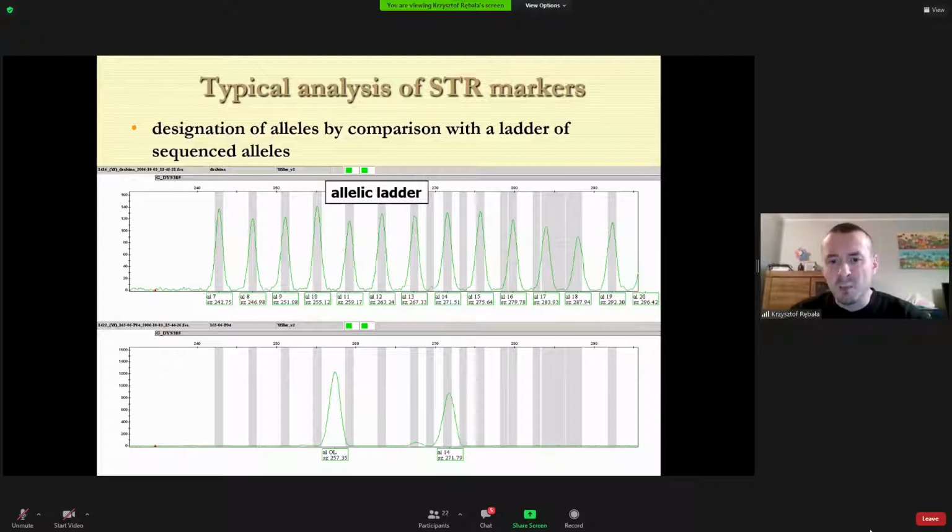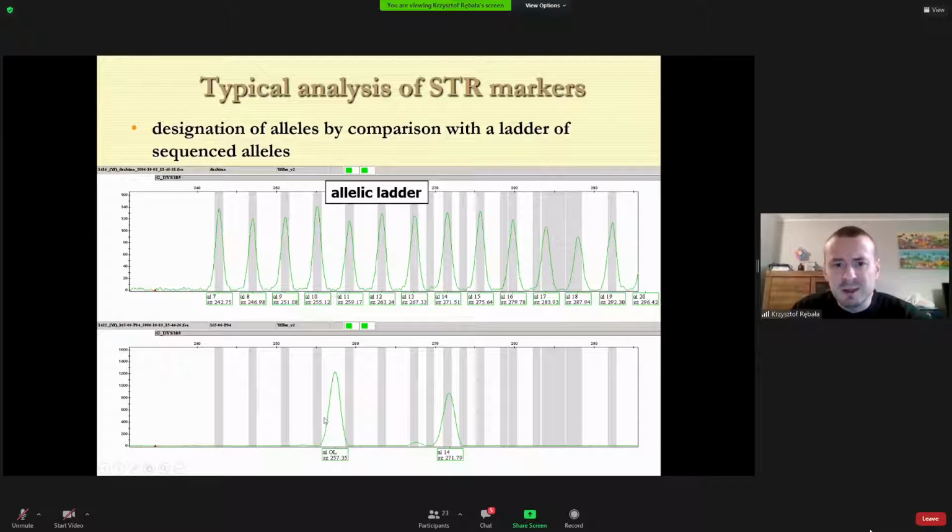By comparison of the allelic ladder and the size of the fragment amplified from our sample of interest, we can see that the size is more or less the same. The gray field is called a bin. The peak of this allele is within the bin, so the computer software calls this allele 14.